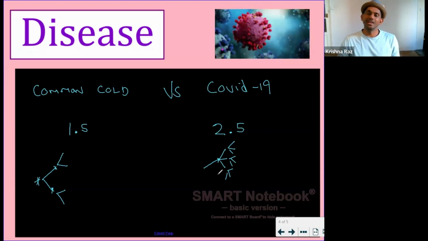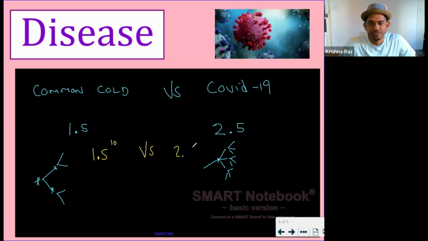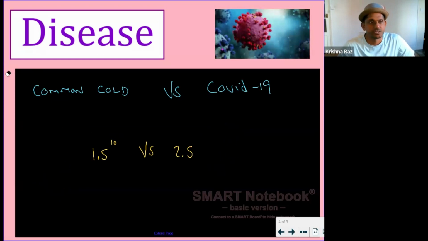For me, that doesn't sound like that big a deal. But let's have a look at the numbers. If we do 1.5 to the power of 10 versus 2.5 to the power of 10, what do we get?